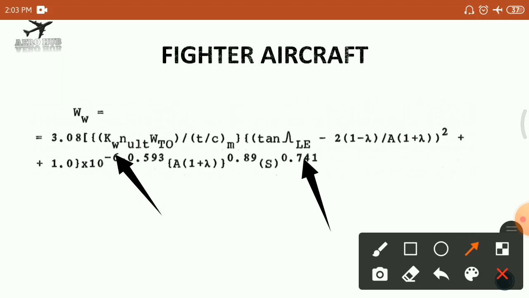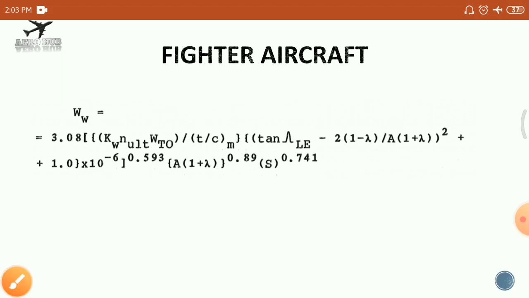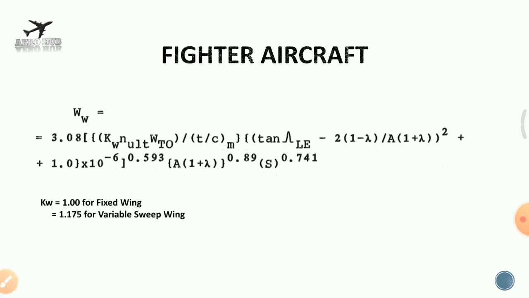KW is a constant factor. It is 1 for a fixed wing and 1.175 for a variable sweep wing. Most of the other terms, like A, lambda, and S, the wing area, you already know.